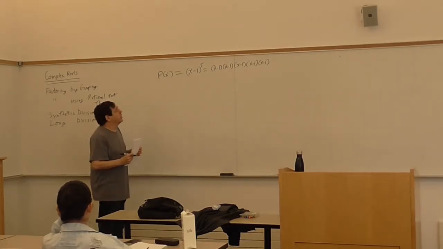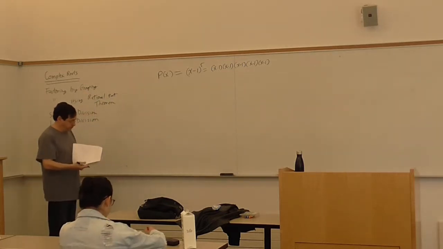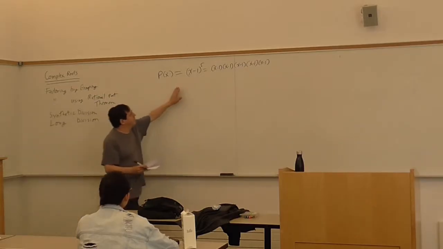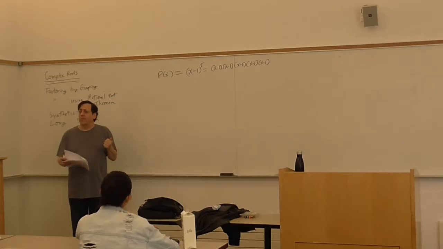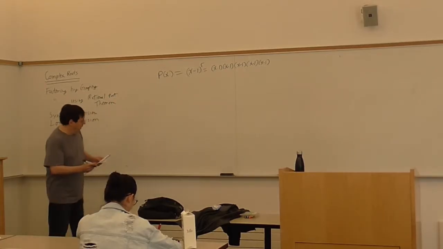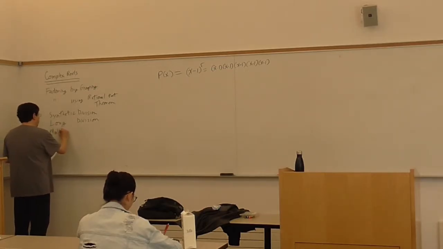Well, that's true. The complete factorization theorem says it has to have 5, but in order for that to be true, we have to count multiplicity of roots, or multiplicity of zeros.